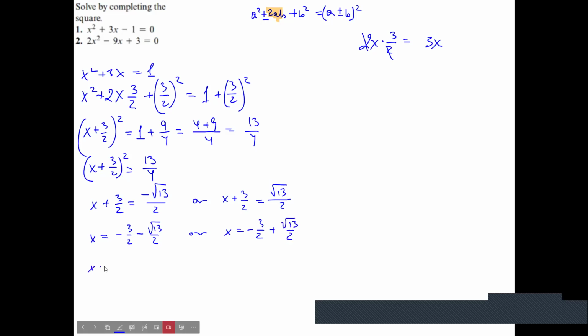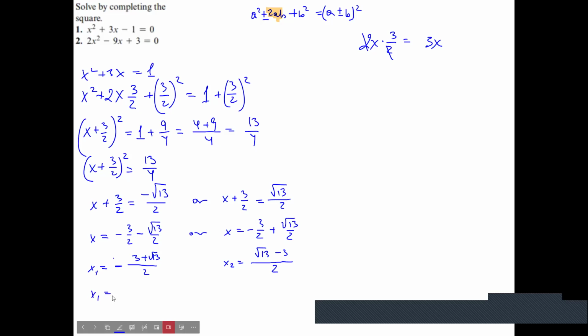Now, what I have here, negative 3 plus square root of 13 over 2, that's x1, and x2 is square root of 13 minus 3 over 2, right?